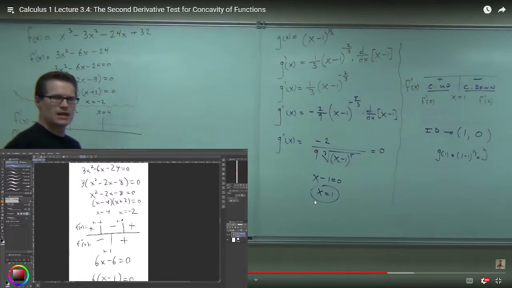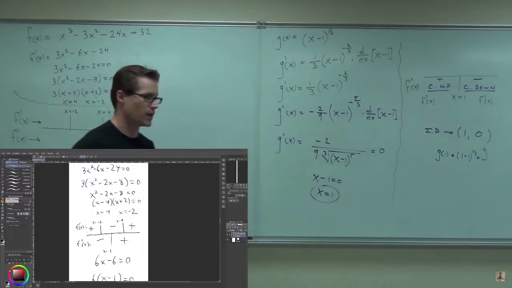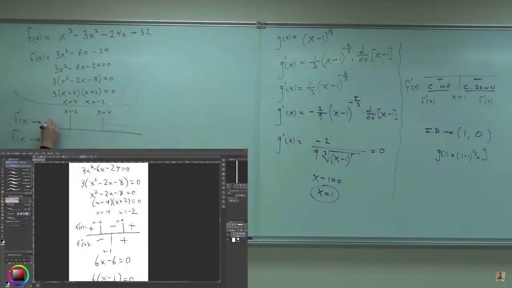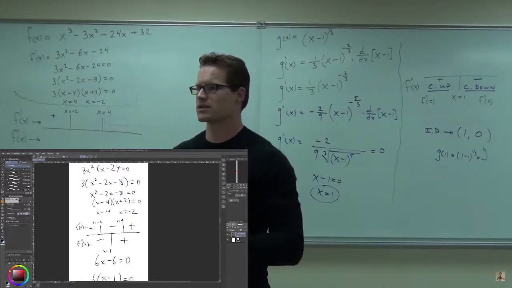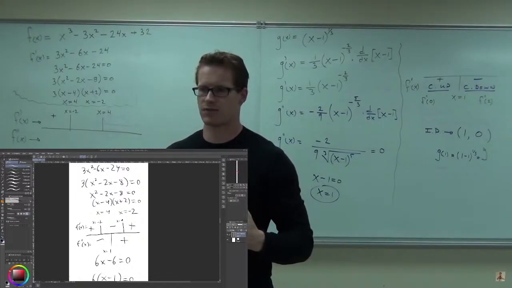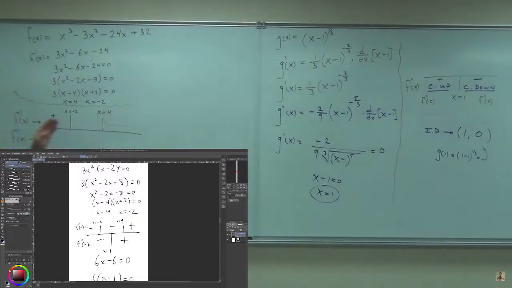Has anybody plugged in negative 3? Plugged it in yet? What did you get? Positive? Yup. Hey, by the way, in this context, what does the positive mean? Does it mean concave up, concave down, increasing, decreasing? It's increasing. And so the function is going to be going up for this whole interval, from negative infinity to negative 2, it's going up, increasing.